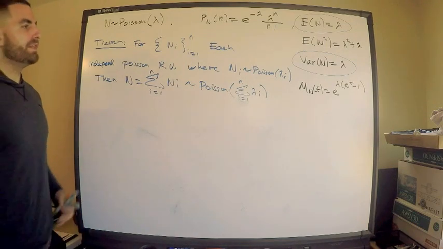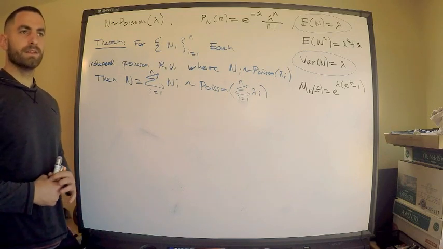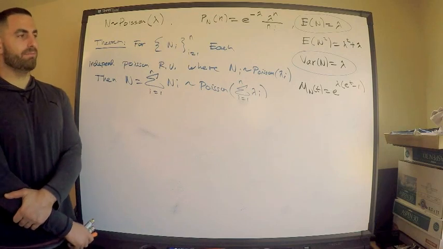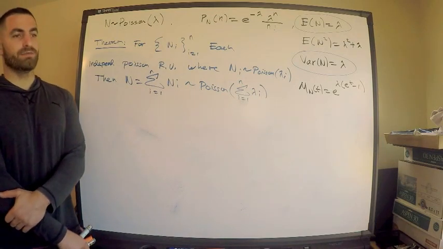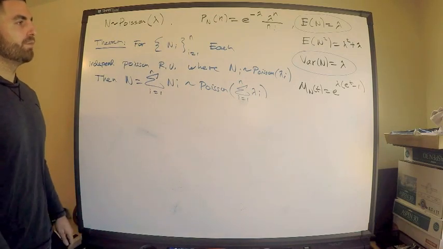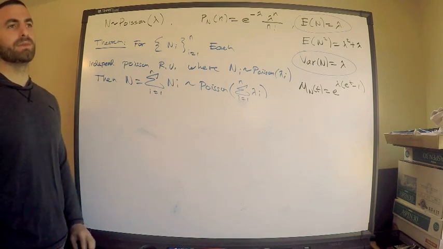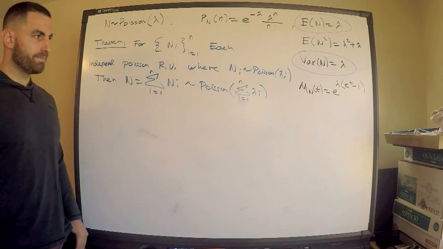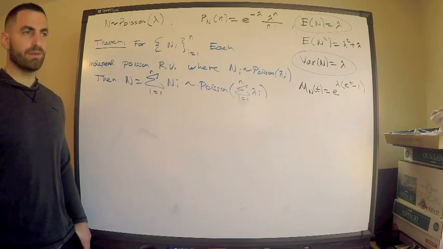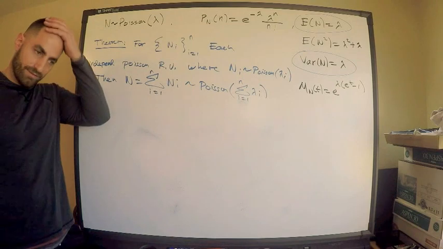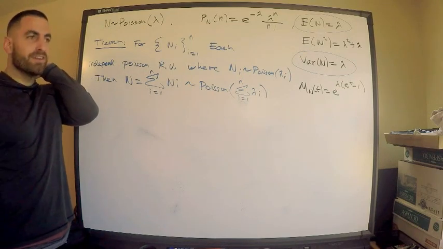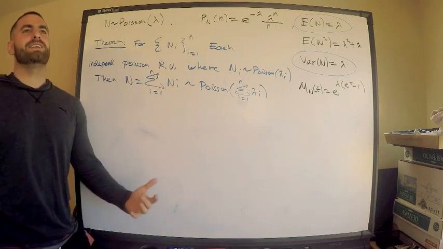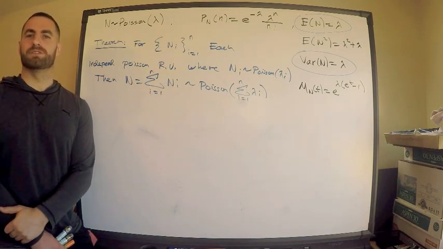How am I going to prove this? Well, again, you really just want to know this, but you may be asked something about the moment generating function, which you may need to recognize. We're going to use the MGF, moment generating function, because it is well known that the moment generating function is unique. I watched a video, and I love the way this was referenced: there aren't just moment generating functions masquerading around pretending to be other distributions.